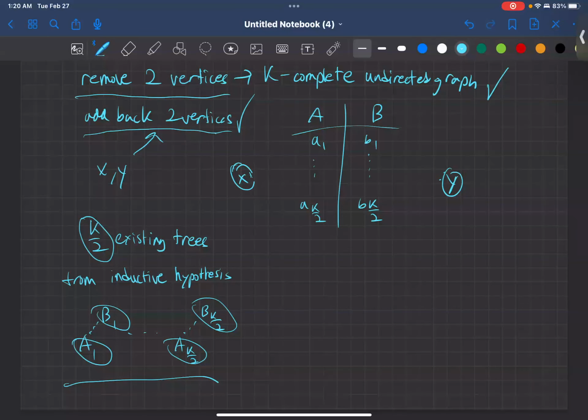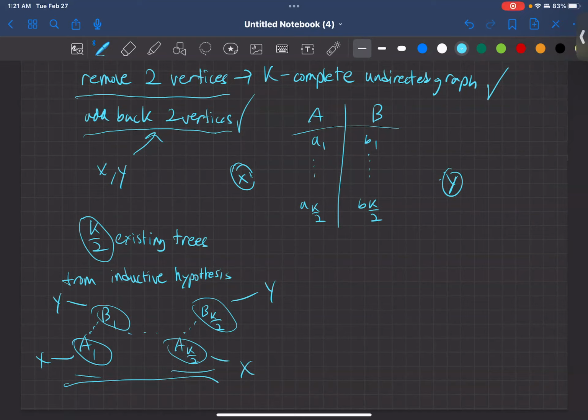In such a case, we want to add X and Y to each of these spanning trees. How could we do that? One way is to connect X to some component within the A set, and connect Y to some component within the B set of our spanning tree. And we can do this for every single one of our spanning trees.